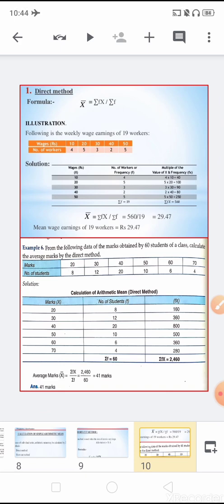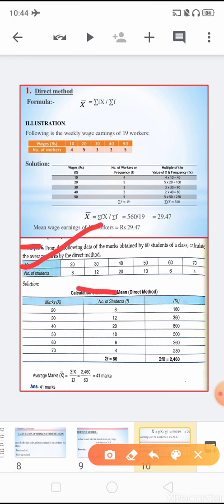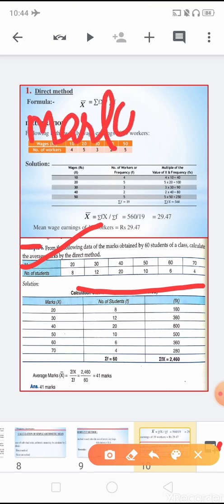Children, this is a question given to us: from the following data of the marks obtained by 60 students of a class, we need to calculate the average marks by the direct method. Here the marks along with their frequencies are given.